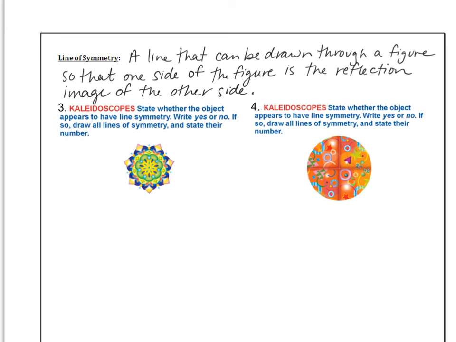So I'm going to pause the video. You draw in all your lines of symmetry and then tell me how many you have. So from each indentation, it goes across to a point. And so you can see here, I would draw in from an indent to a point.